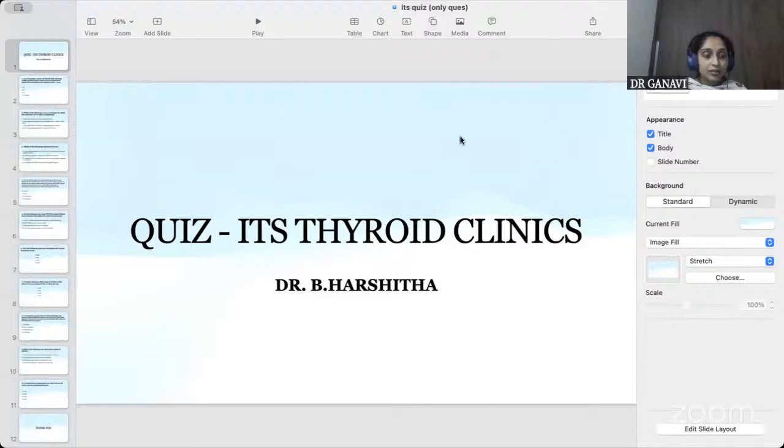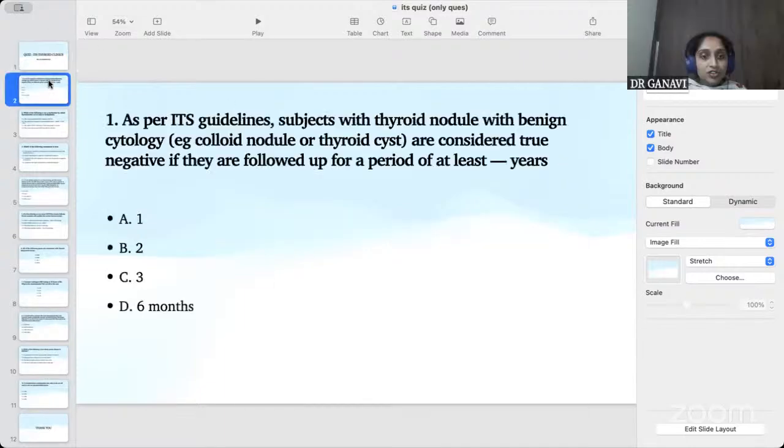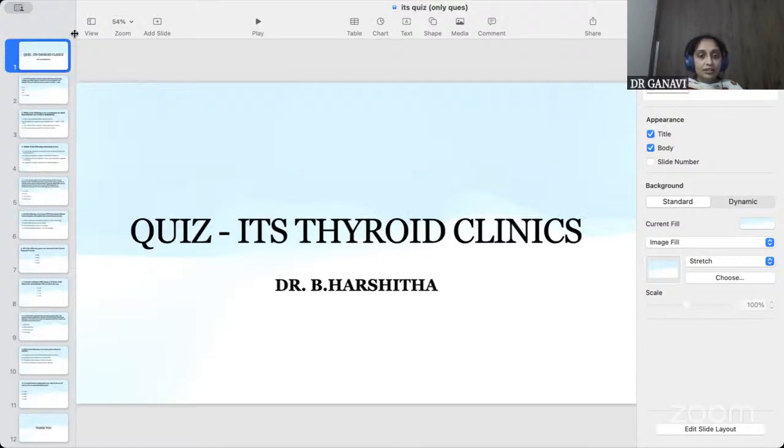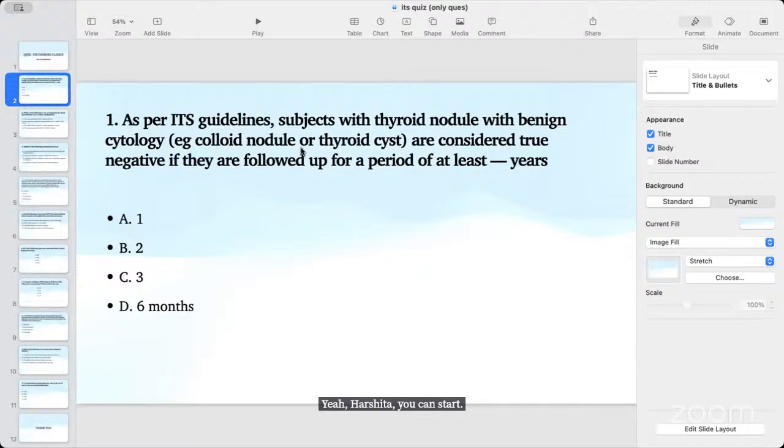Yeah, I'm actually doing that. Harshita, you can start. Is it visible, ma'am? Yes, ma'am, it is visible. Just click on the play button, ma'am.